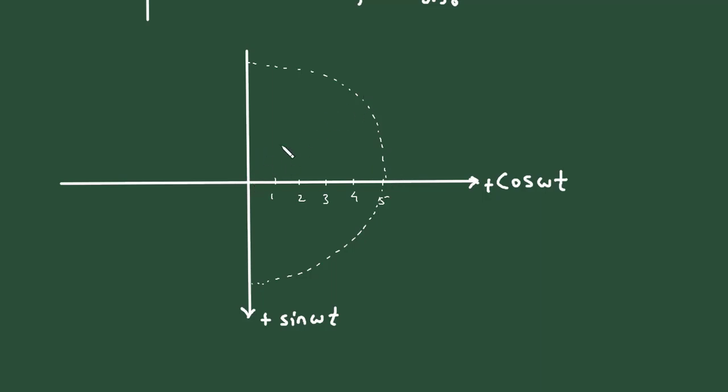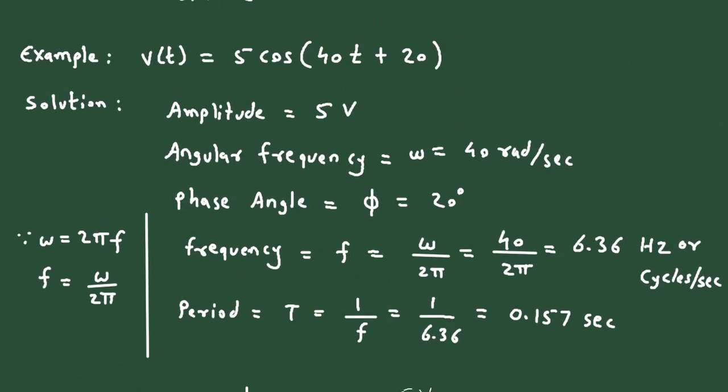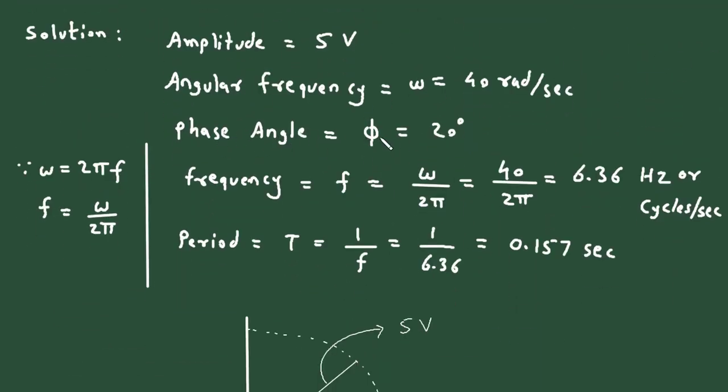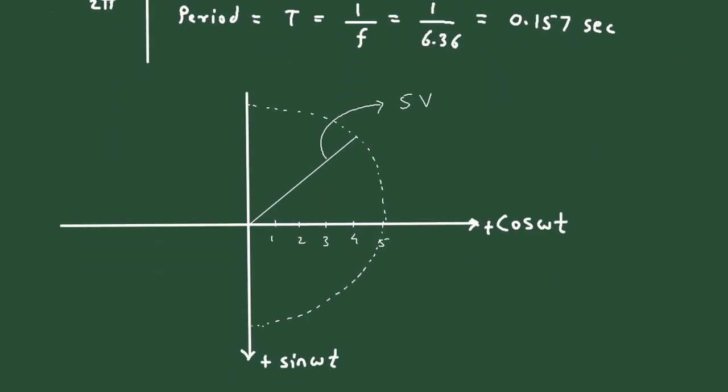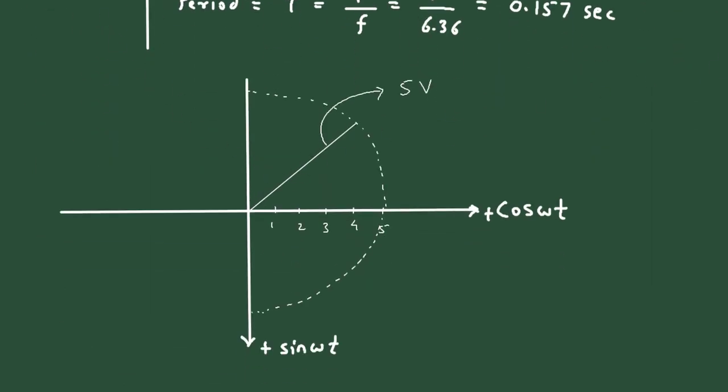And this radius is 5 volt. Then the angle, here we can see the phase angle is 20 degree. So from here we have to draw 20 degree. So from here to this will be 20 degree.